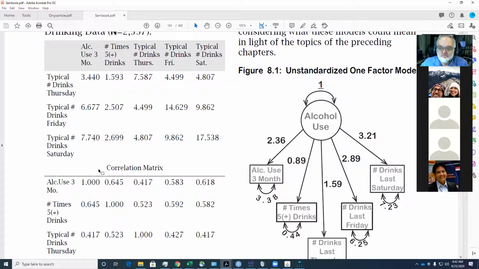And when the parameter number is higher than the number of elements, then it's over identified. So which one is preferable? Which is parsimonious, where the numbers are similar, or over identified?